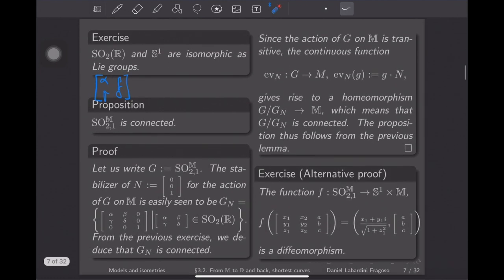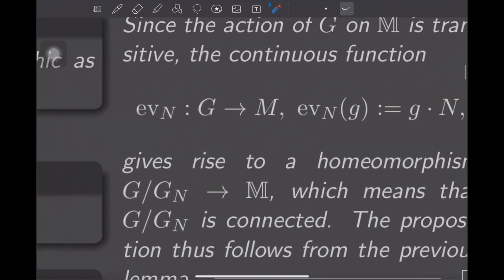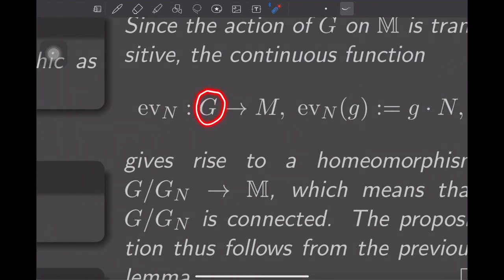So the kind of evaluation function. You see, any element of the group can be sent to what it does to n.